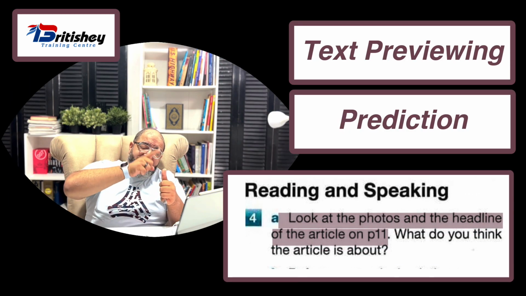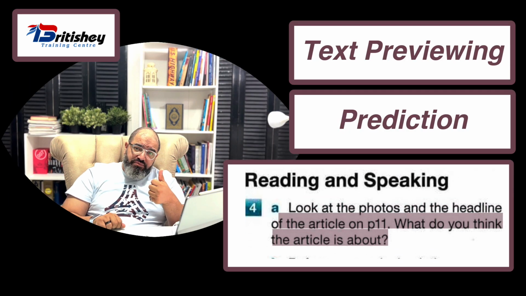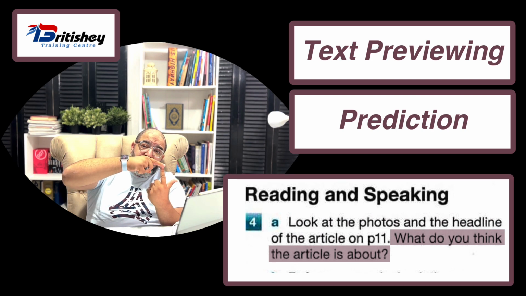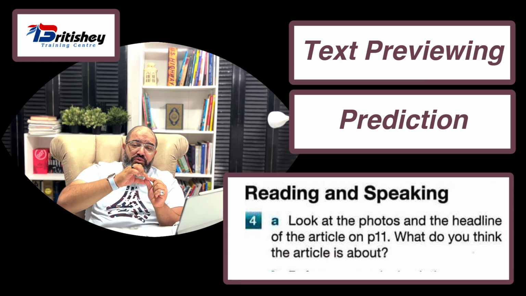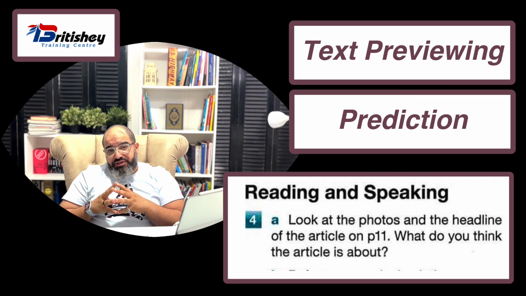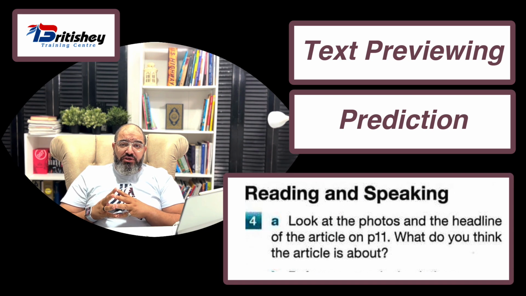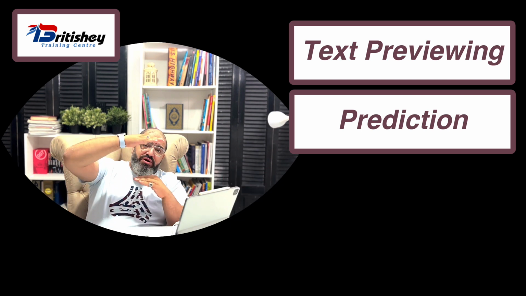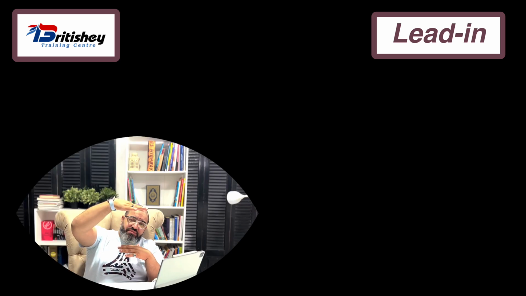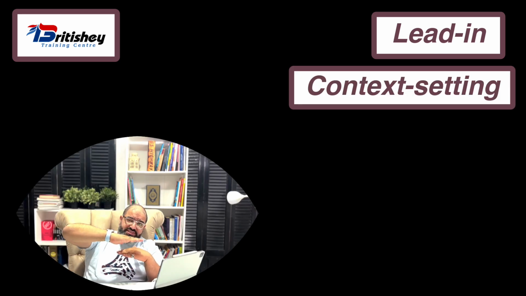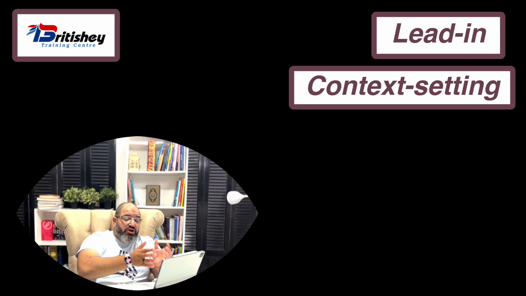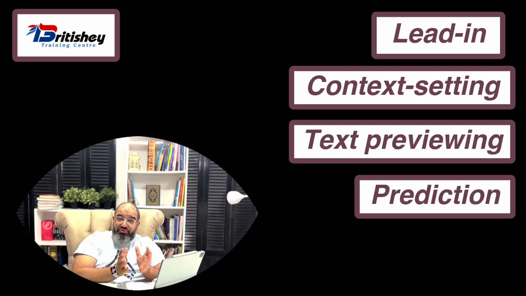So we've got text previewing and we've got prediction, and both are in one question here. Now, if we're going to think about the stages, we said leading, and then we have context setting. And as we see, we've got text previewing and prediction represented in 4a.